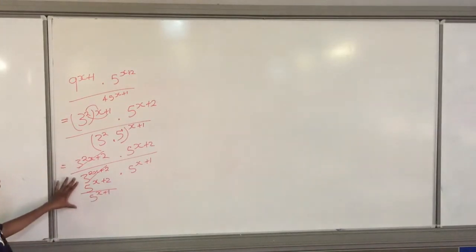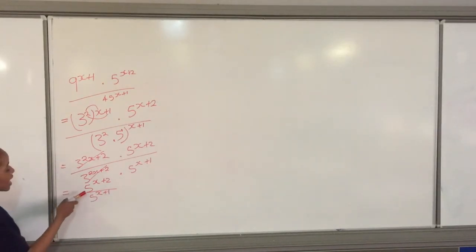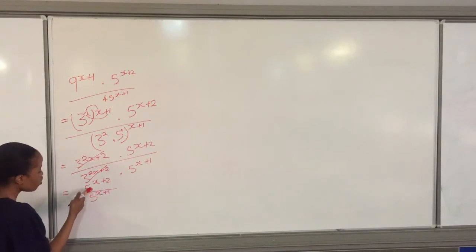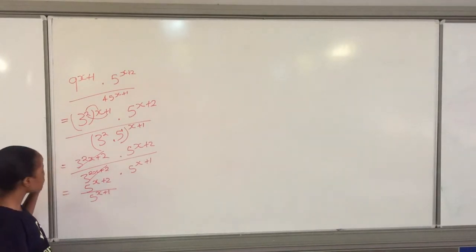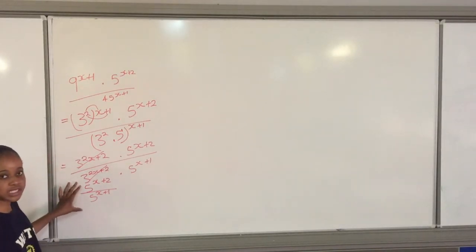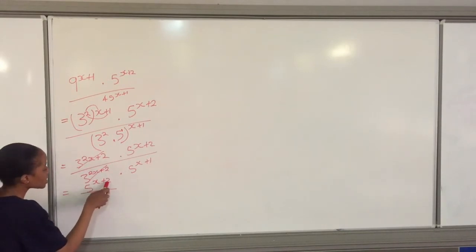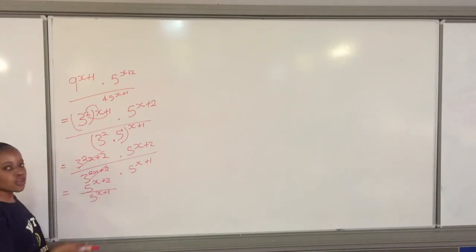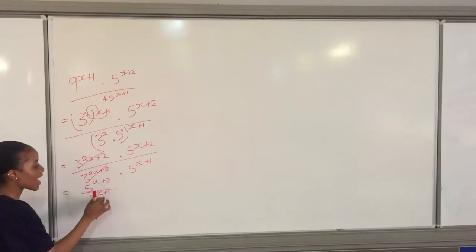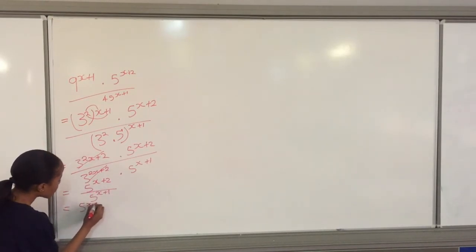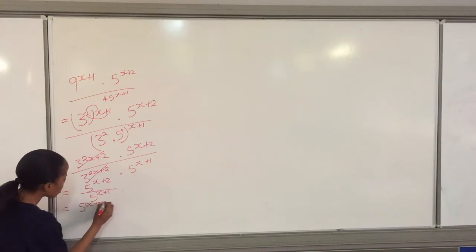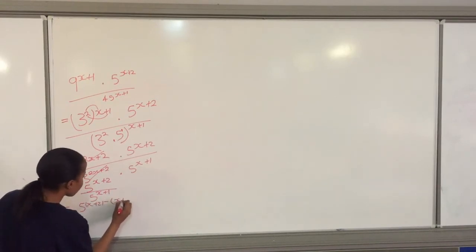So what you're going to do here is that you're having exponents, right, with the same base. And you know that one of the laws of the exponents is that when you're having exponents of the same base, you do what? You subtract the exponents. So what you're gonna do here is x plus 2, minus x plus 1.